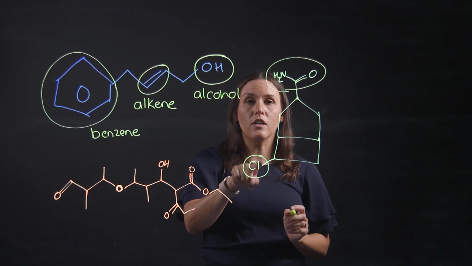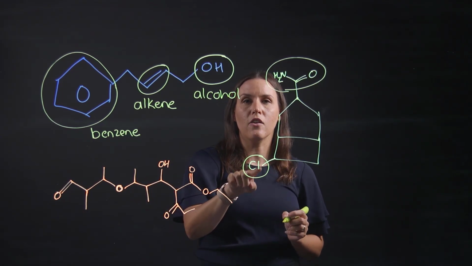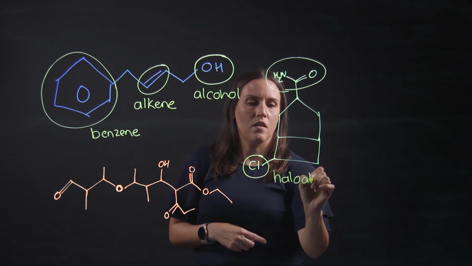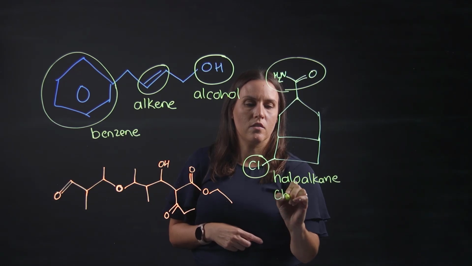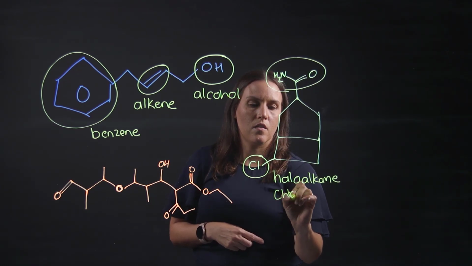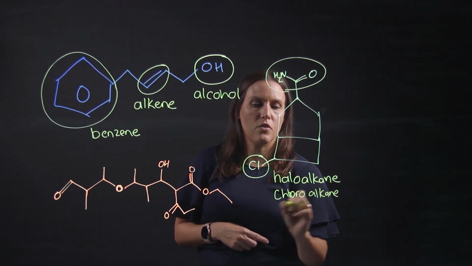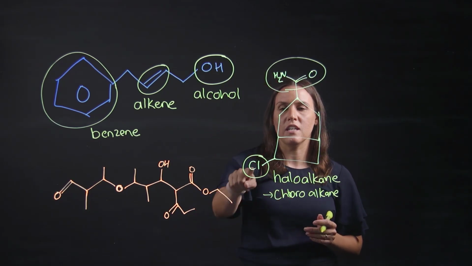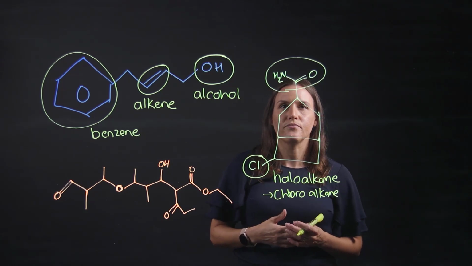So a chlorine group, we could call it a chlorosubstituent or a haloalkane, or chloroalkane. So there's a few different words that we can use, but the halogen that we're using is a chlorine in this one. So chloroalkane's a pretty good description of it.